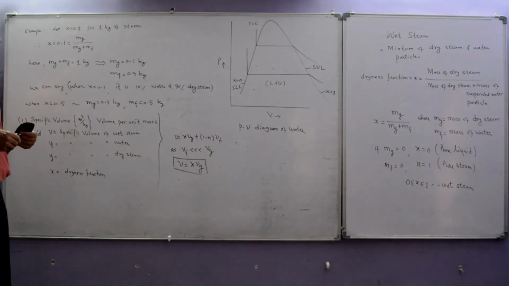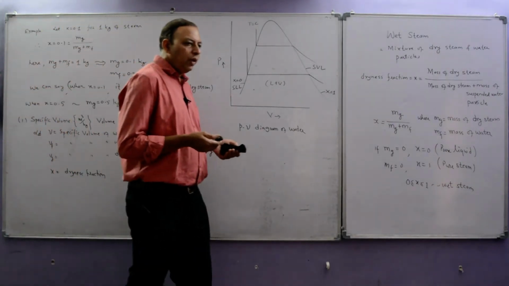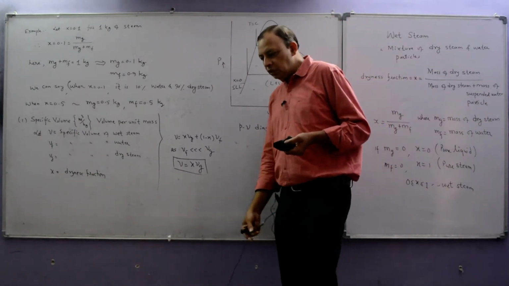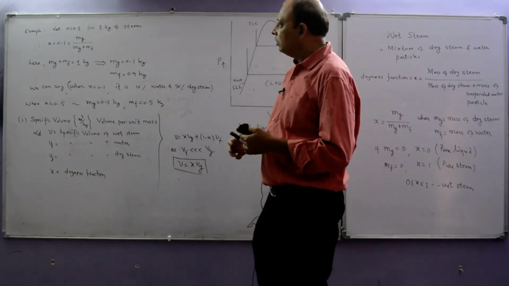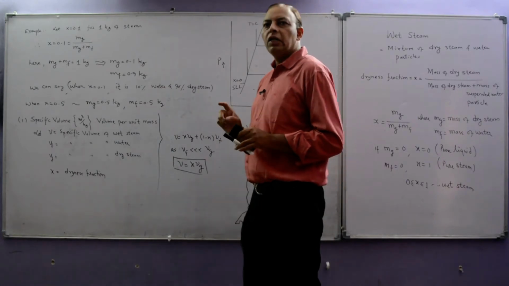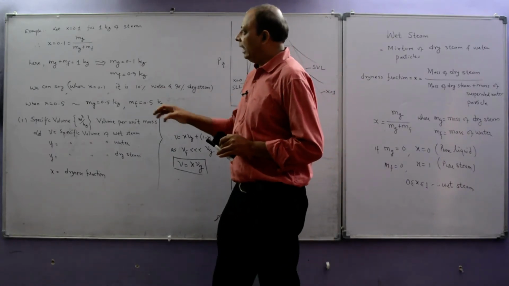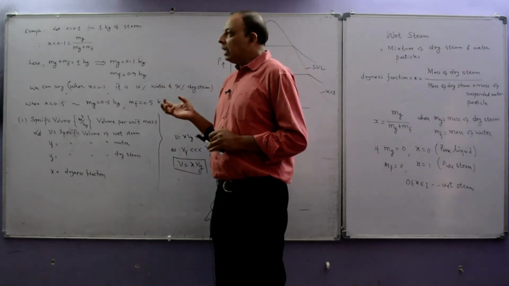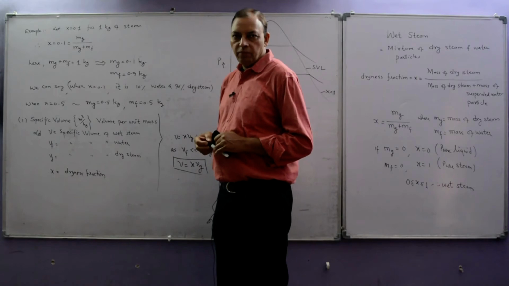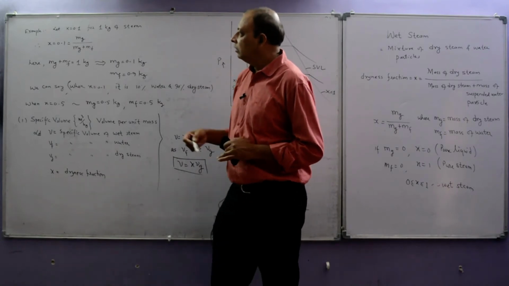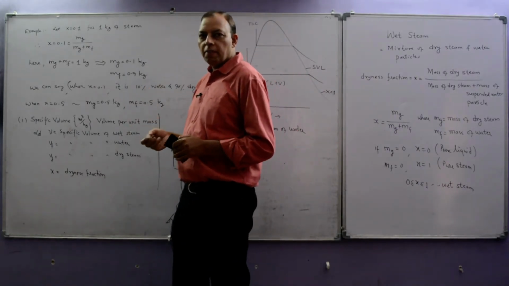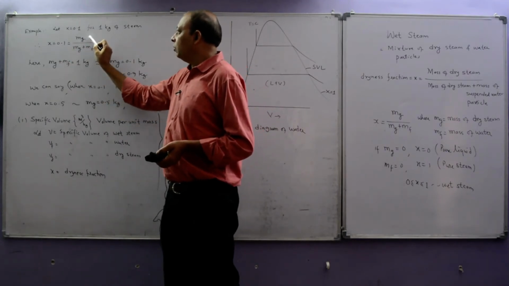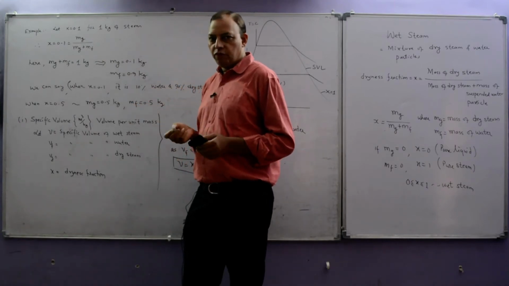Now, to understand how much it is wet, what is the percentage of water and what is the percentage of steam, I have taken one example. Let x equal to 0.1 and the mass of total steam is 1 kg. In our formula, let us put x equal to 0.1. So 0.1 equal to mg upon mg plus mf.